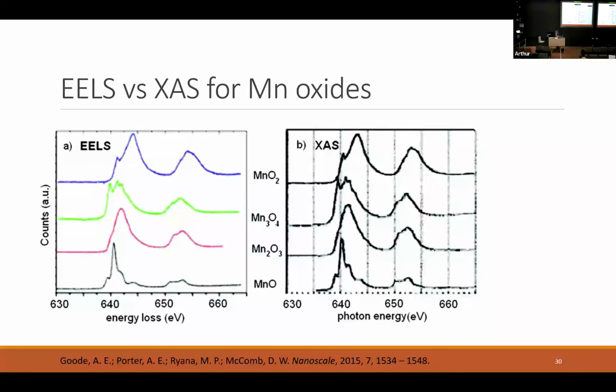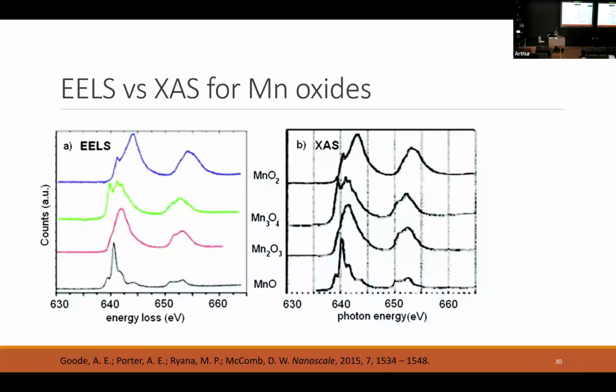So you might be saying, well, I've already heard of a technique that can do that, X-ray spectroscopy, and you're absolutely right. So this is a comparison between what we can get on EELS on the left-hand side and what we can get through X-ray absorption spectroscopy of various different manganese oxides. Hopefully I can convince you that not only do the EELS data look different for the different manganese oxidation states, this one's a lot sharper, this one's a lot broader, for example, but they very neatly match the X-ray absorption spectroscopy.